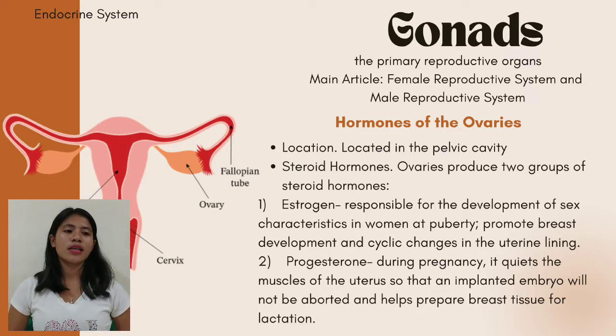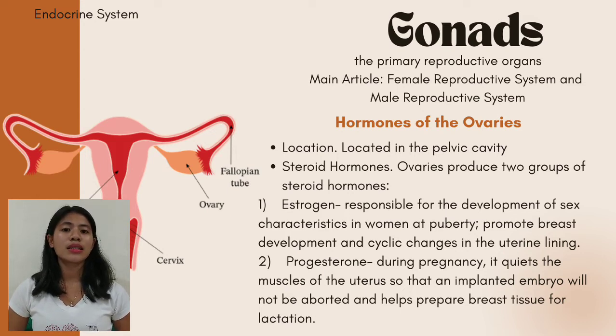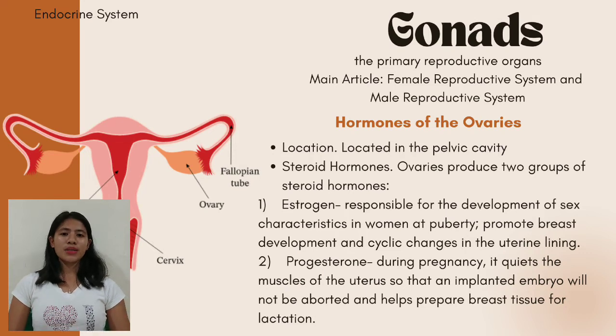Progesterone is secreted to prevent uterine contractions that may disturb the growing embryo, and it also prepares the breast for lactation. During pregnancy we see progesterone because the ovaries secrete it. They take care of the embryo, what is inside our belly when we are pregnant.